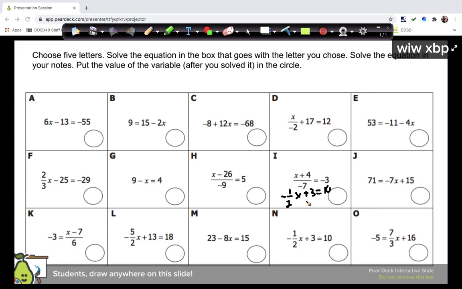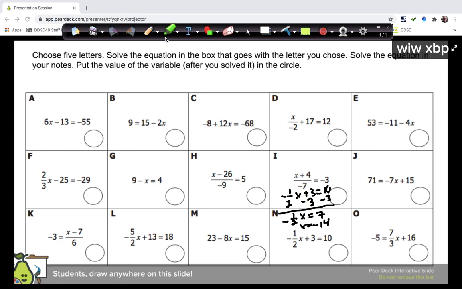So I'm going to subtract 3. So negative 1/2 x equals 7. And I multiply by negative 2. So x is equal to negative 14. So I am pretty sure that my mistake is on the answer key.